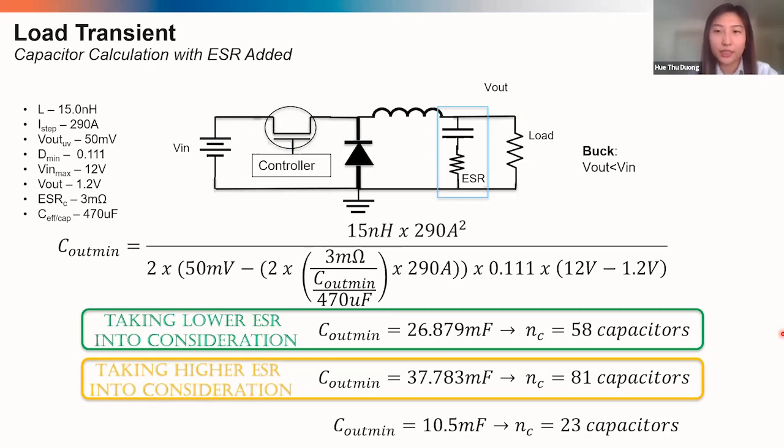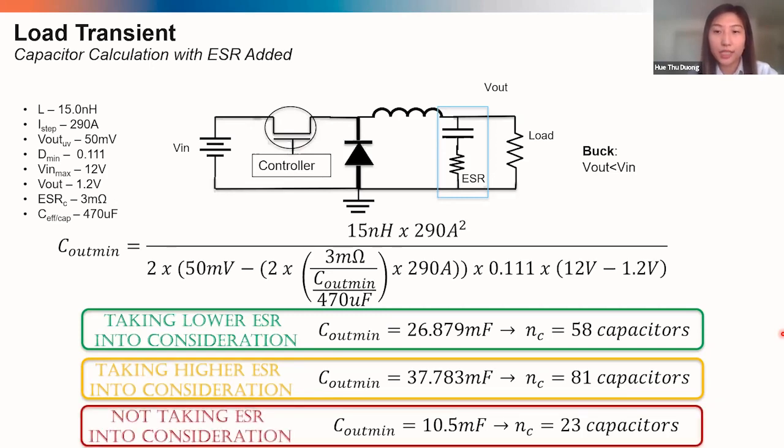Not taking ESR into consideration is a big mistake, and this could severely mess up a design, which is why it's in red, and the 81 capacitor solution is in yellow, given that solution actually took the ESR into consideration.